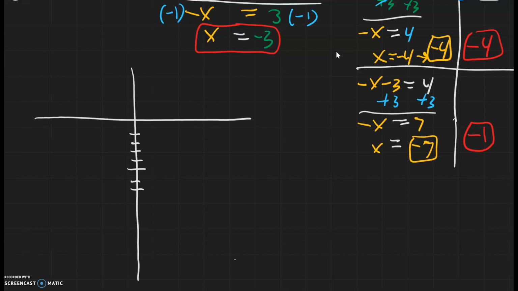It's not the y values I need to be negative 7. It's the negative 7s on the x. 1, 2, 3, 4, 5, 6, 7. Because my equation of the asymptote is x equals negative 3. And that's going to be the asymptote there. So let me go ahead and graph that.